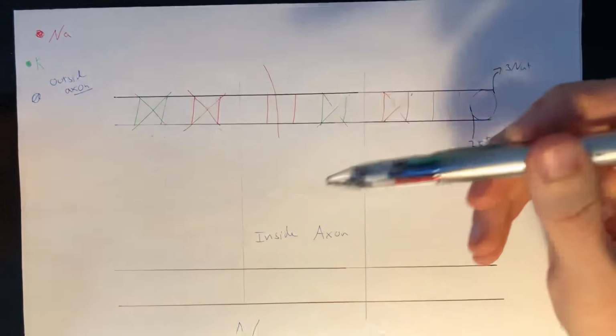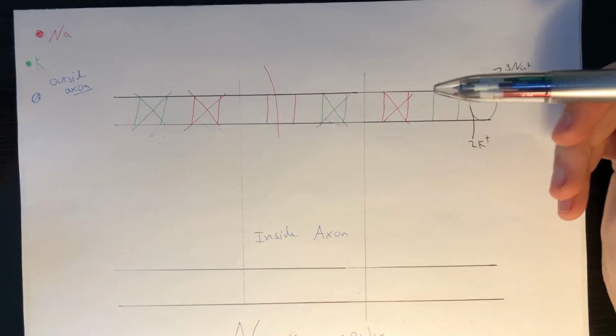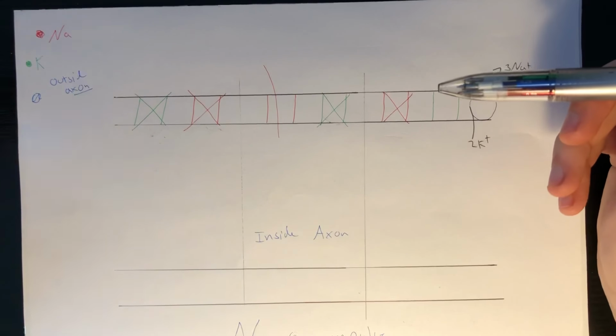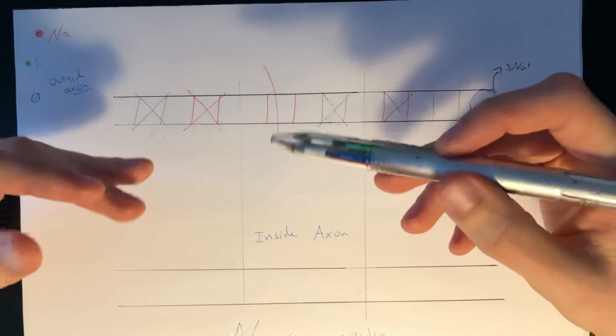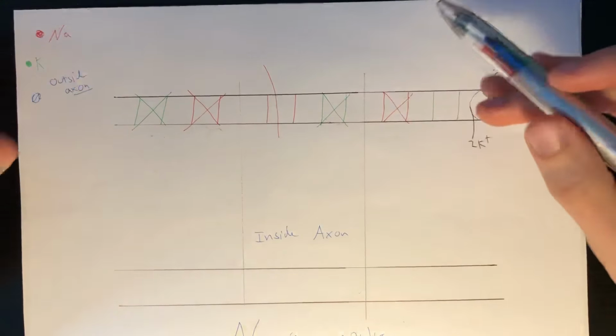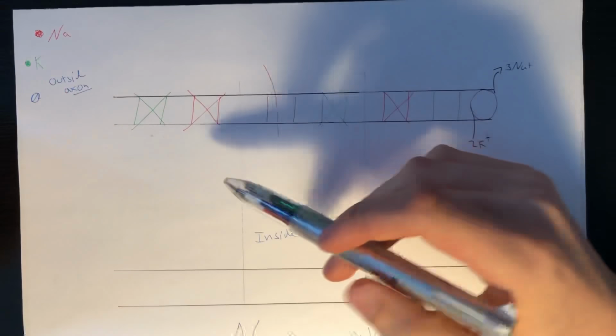While it's like that, we also have an active transport protein, a sodium-potassium pump, which is using ATP to transport sodium out and potassium in to keep the concentrations balanced and ready for when an action potential arrives.